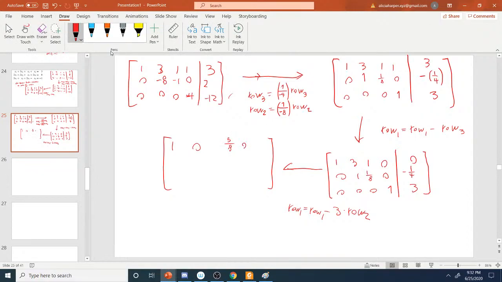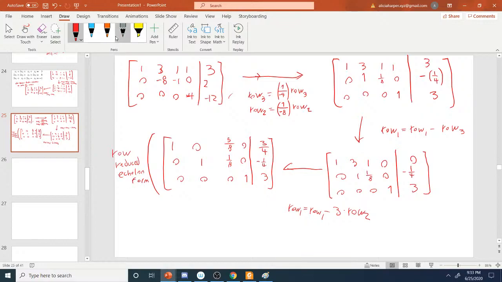And then 0. And then 3/4. And then 0, 1, 1/8, 0, -1/4, 0, 0, 0, 1, 3. And alas, we have something in row reduced echelon form.